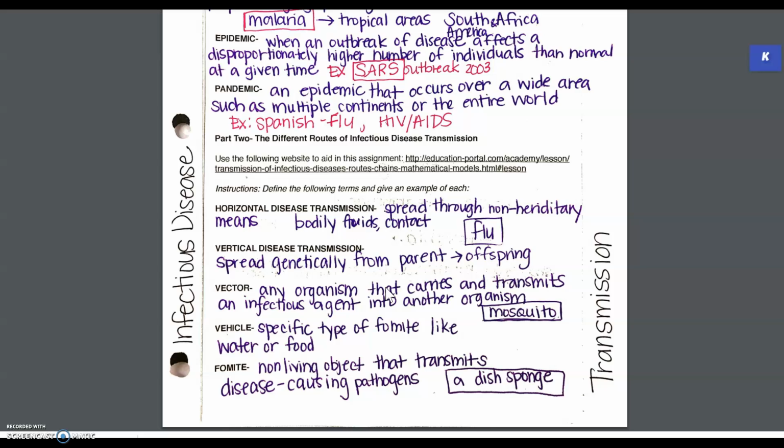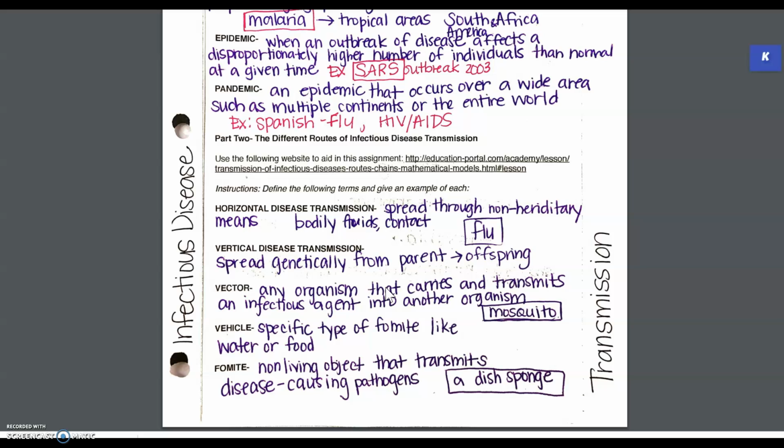That's your bodily fluids, contact with blood, feces, semen, particles in the air, sputum, any kind of bodily fluid, contact by touch, or transmission through the air, and that is something like the flu. That means it's not passed by birth or through hereditary means.